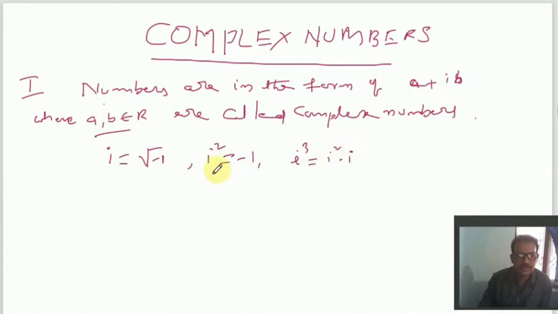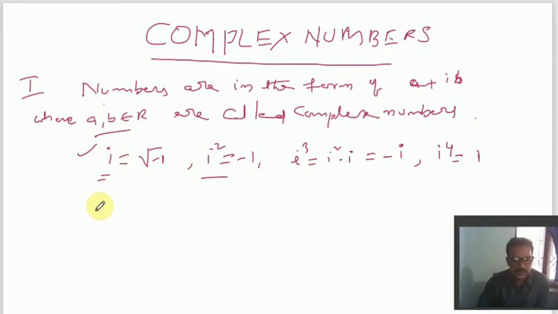We already know i square is minus 1, so minus 1 into i is minus i. And i power 4 is equal to 1. So what is i? i is iota, its value is root over minus 1.